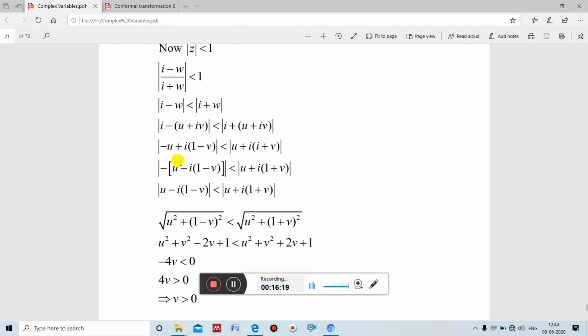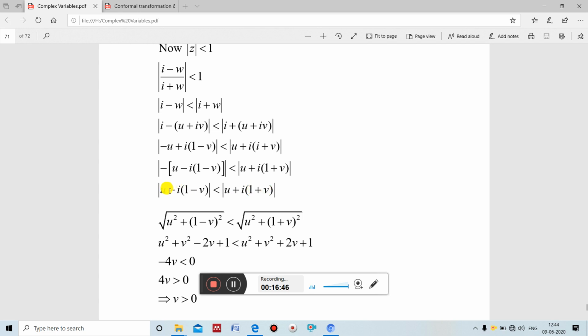Then here take minus common, we get minus of u minus, if you take minus common it becomes plus. So u minus i into bracket 1 minus v less than mod of u plus i into bracket 1 plus v. Then because of mod it becomes plus: mod of u minus i into bracket 1 minus v less than mod of u plus i into bracket 1 plus v.